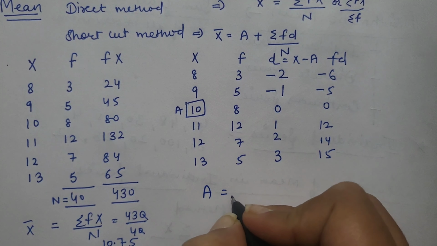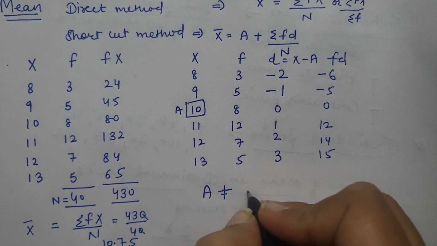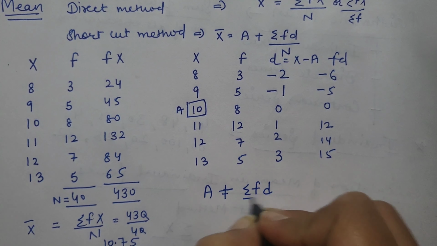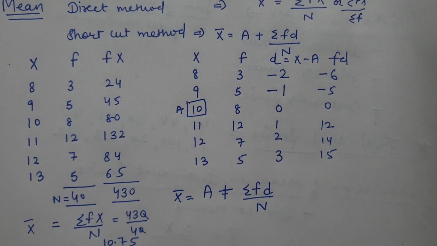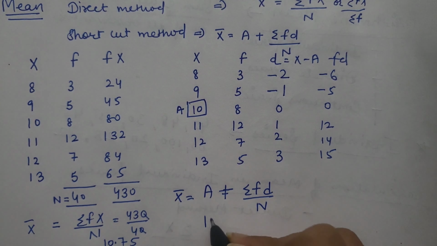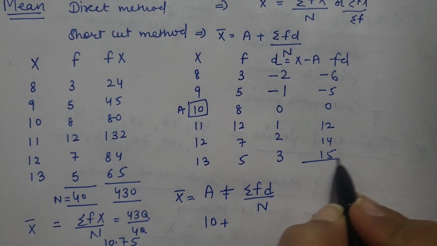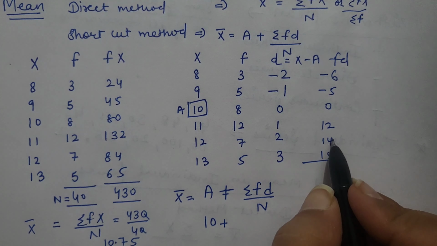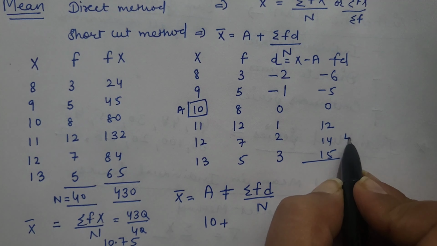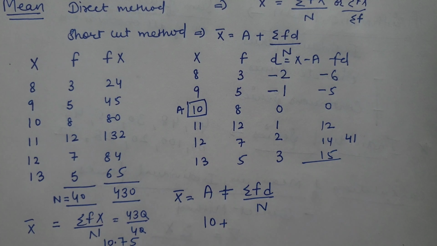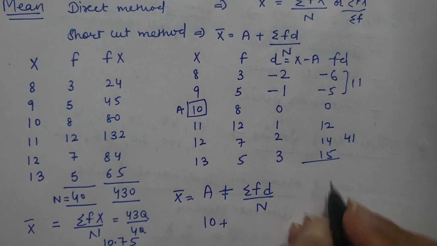According to the formula, a plus summation fd divided by n. This is the formula of arithmetic mean. So a here is 10. Summation of FD: 15, 14, 29 and 12, this is 41, and 6, 5, 11.